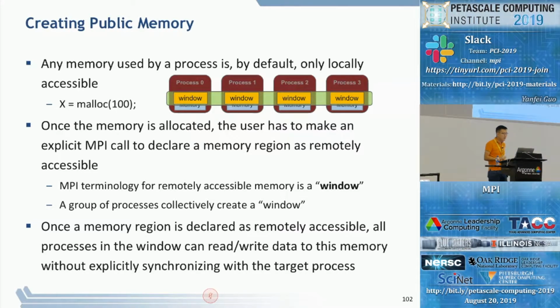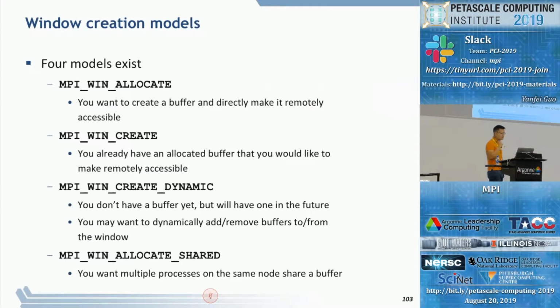In order to create the window, we have four different models. We have MPI_Win_allocate. This basically says I'm allocating the memory and also creating a window for it, so allocating memory and exposing it to the outside world at the same time.